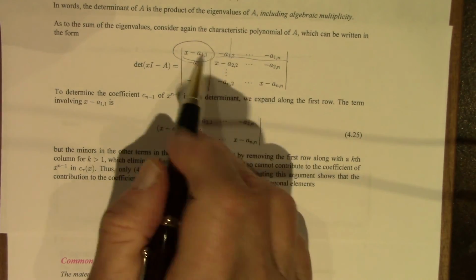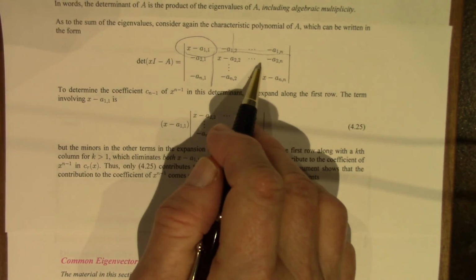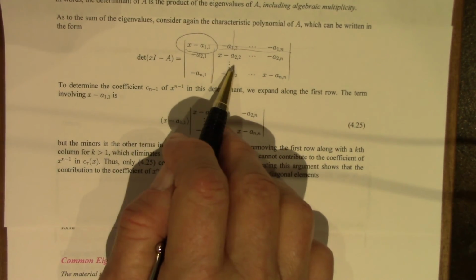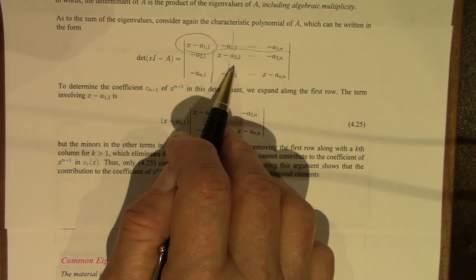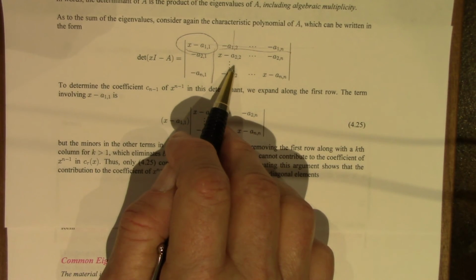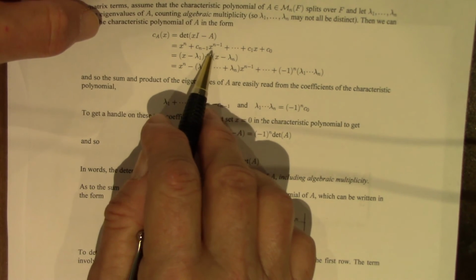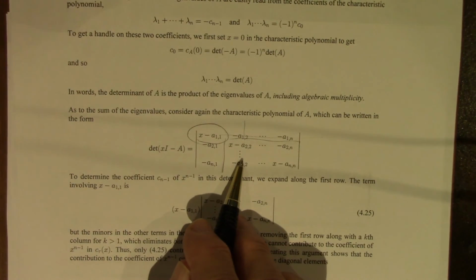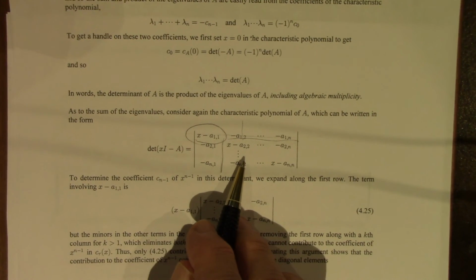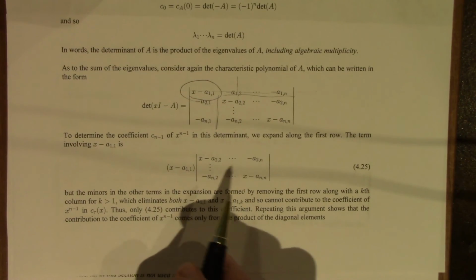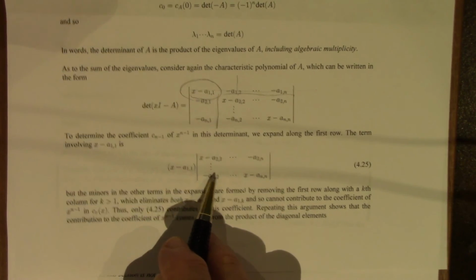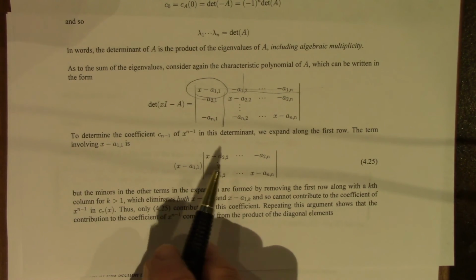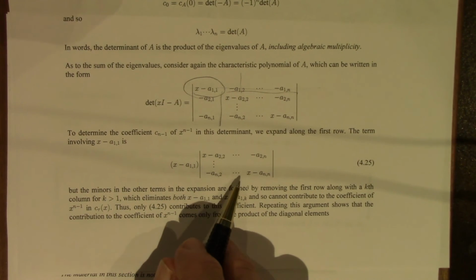But when we go to the other terms in the expansion, we're going to lose 2 of the linear polynomials. So those terms in the expansion cannot contribute to the coefficient of x to the n minus 1. They will have degree at most n minus 2. This is the only term in the expansion that can contribute to the coefficient Cn minus 1.